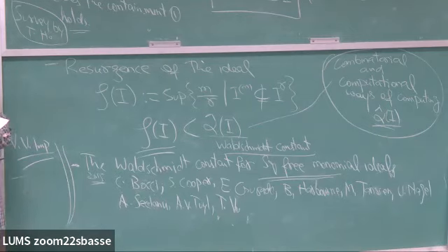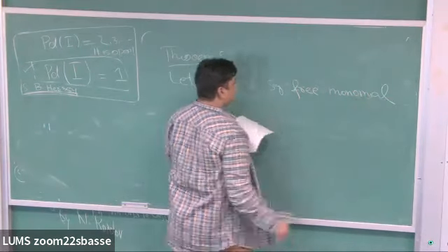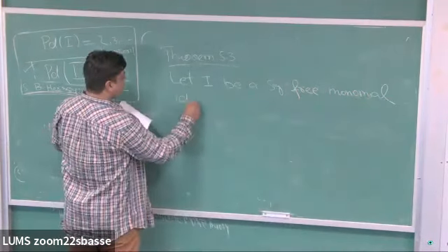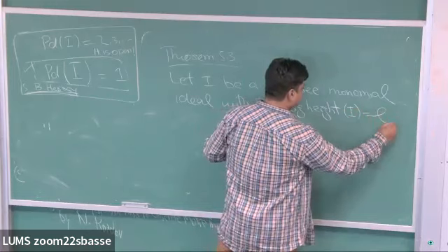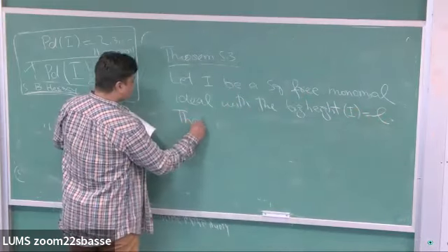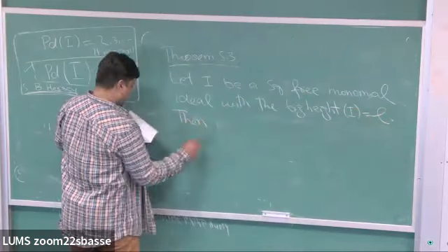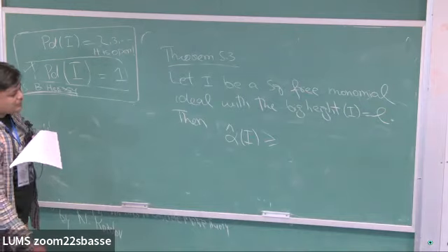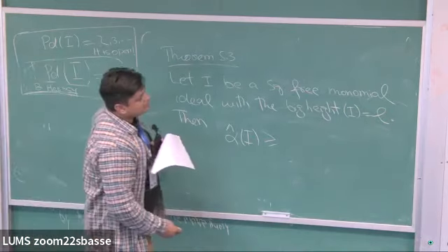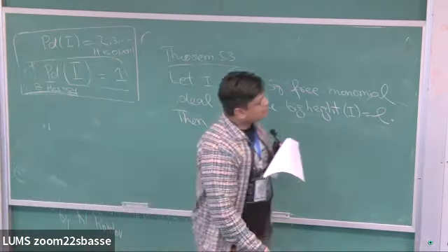And the result is this: let I be a square-free monomial ideal with the big height of I equal to E, then the Wald-Schmidt constant of this square-free ideal is bounded by, again, this is a really, really difficult problem to give the exact value of the Wald-Schmidt constant, because if you see the definition of the Wald-Schmidt constant, where I have mentioned the definition.